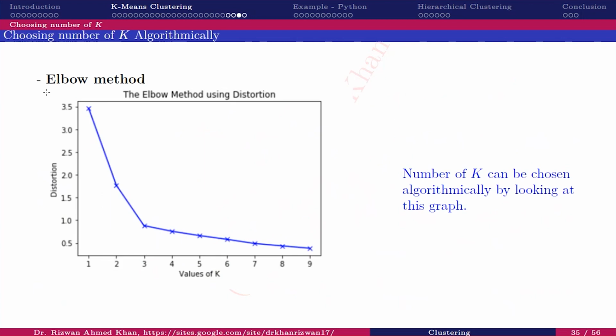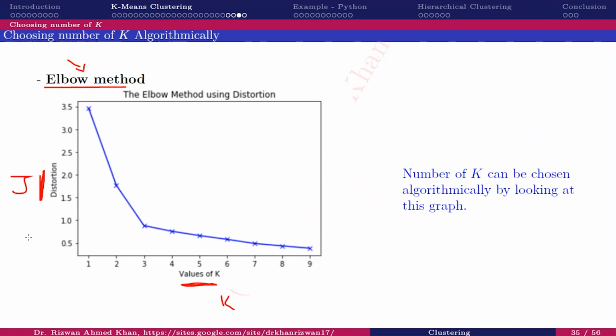One of the most used methods in the machine learning literature is called the elbow method. You run the K-means clustering algorithm by varying K, the number of clusters. This is big K, and you keep on recording the distortion.